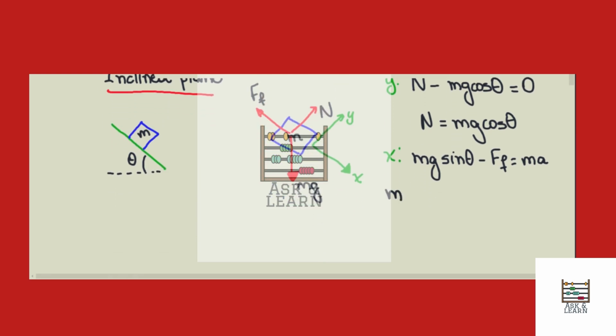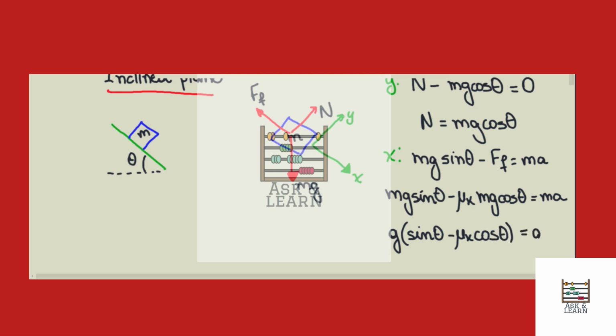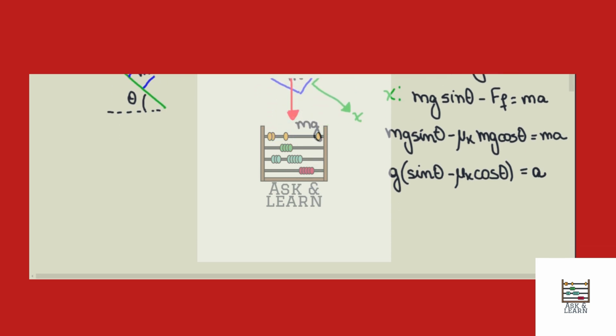Now the friction force is equal to the coefficient of kinetic friction, mu k, times the normal force, so it's mu k mg cosine theta, and this is equal to ma. Okay, so in the end we have that g times (sine theta minus mu k times cosine theta) is equal to the acceleration. And now we have every piece of information we need in order to solve the exercise.